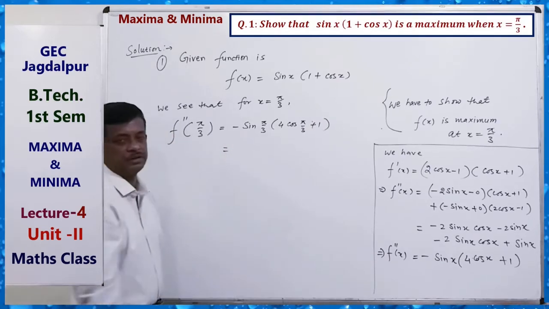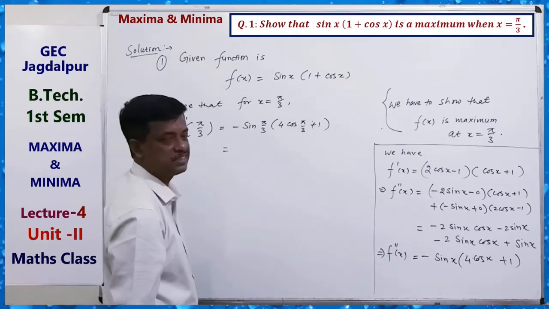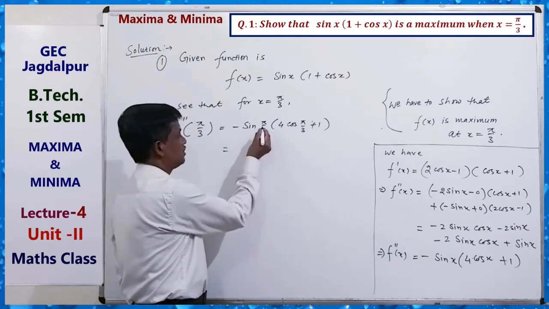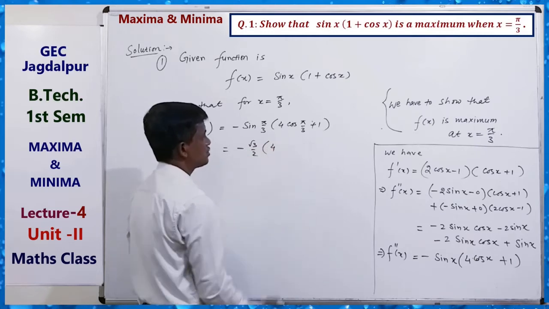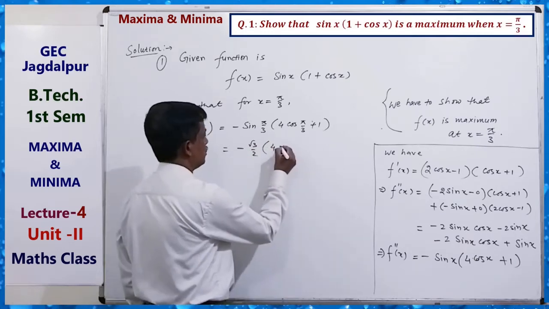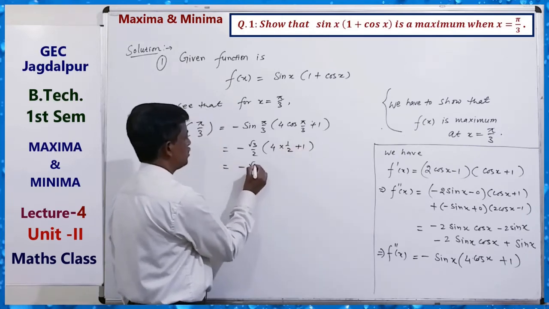Just solve it: sin 60 is root 3 by 2, and cos 60 is 1 by 2.